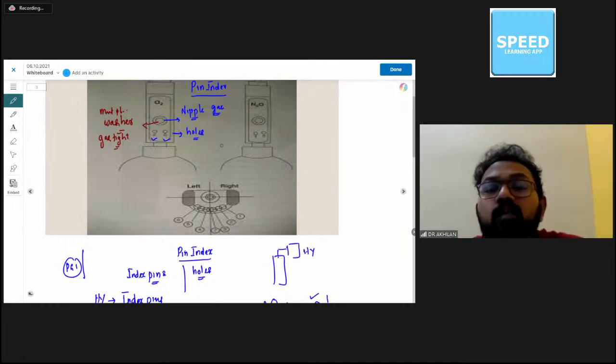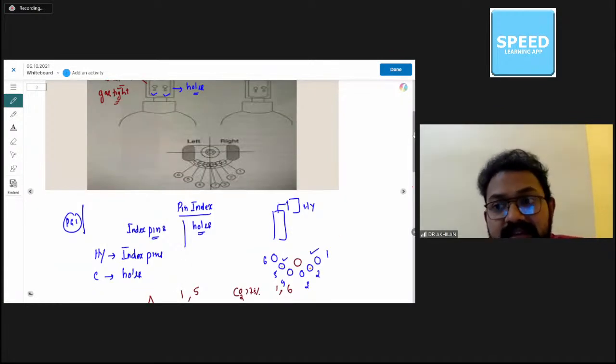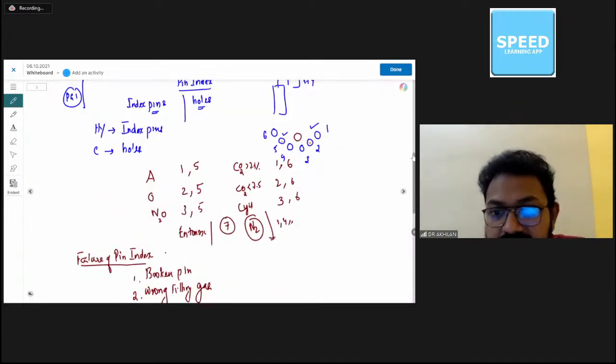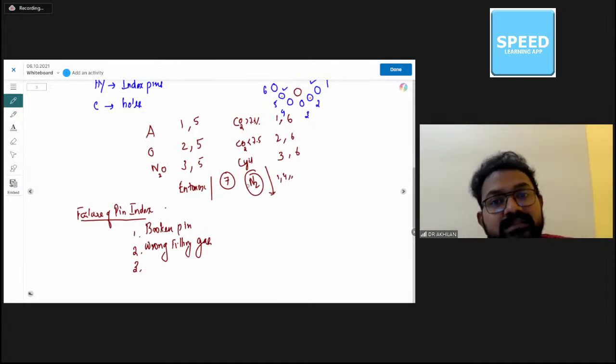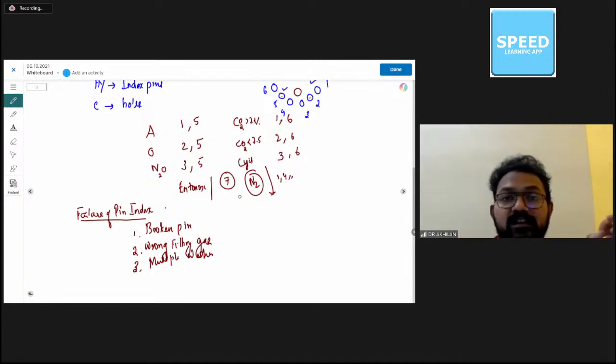So keeping multiple washers around the nipple can also lead to failure of your pin index system. That is the third cause.